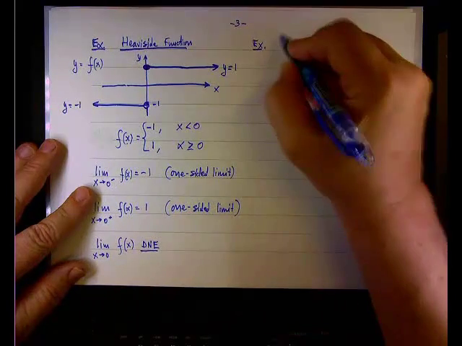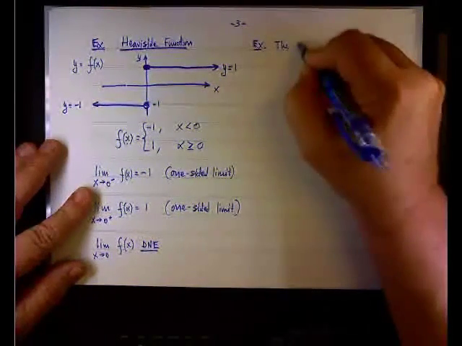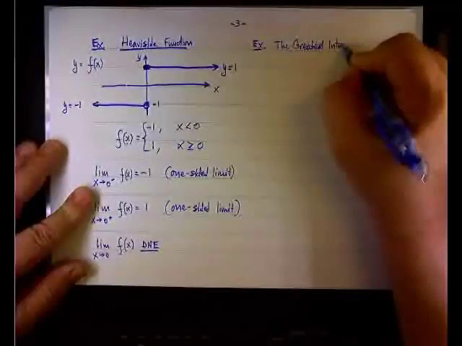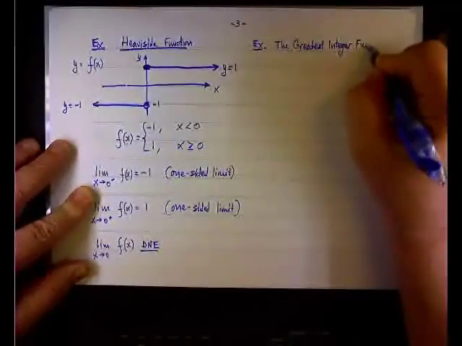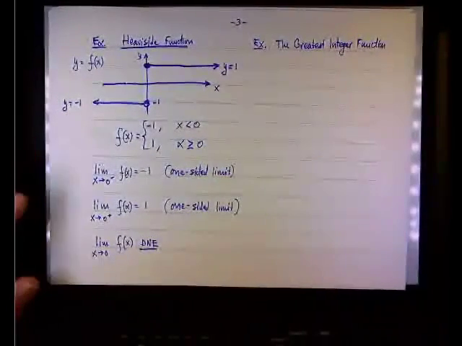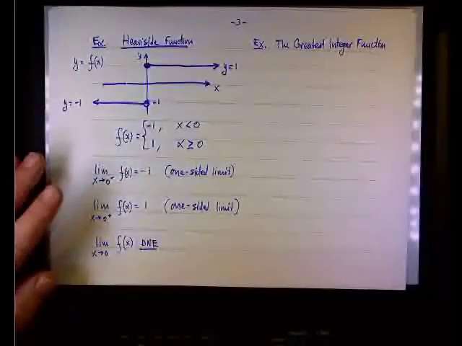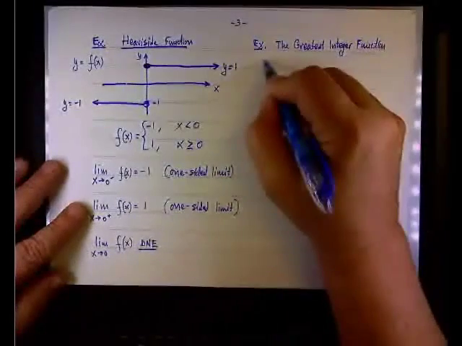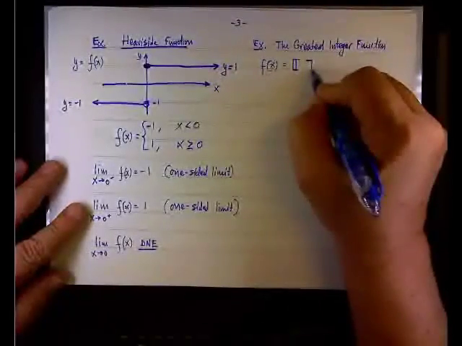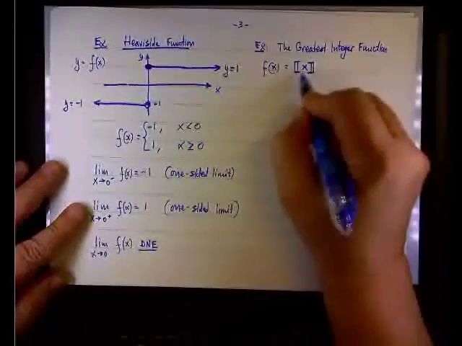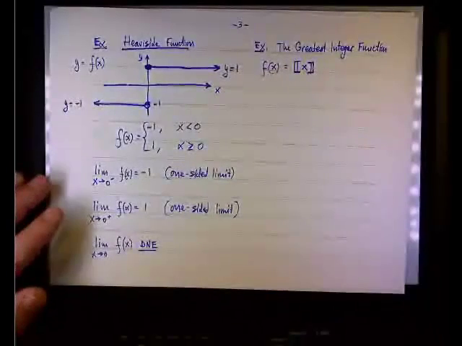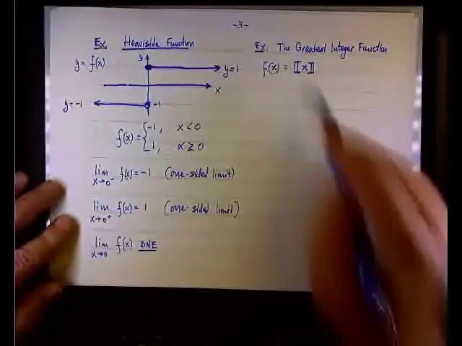Next function is the greatest integer function. The greatest integer, the symbol is going to be like this: f of x equals a bracket but shaded a little bit, in other words, double lines on this.